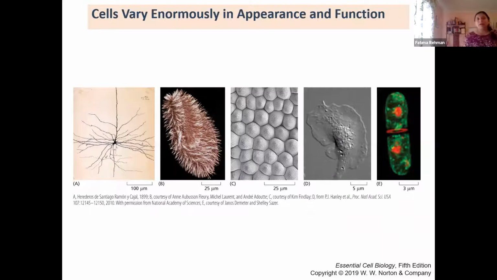So to start with, when we look at our environment, we see a lot of different types of organisms. Even two humans don't really look alike, right?